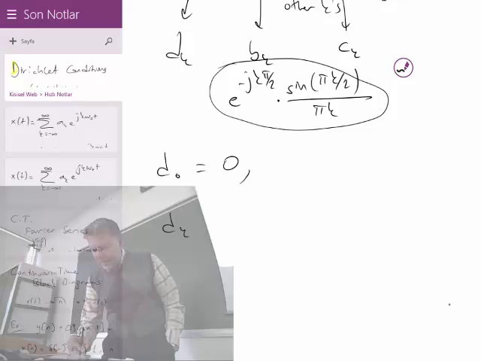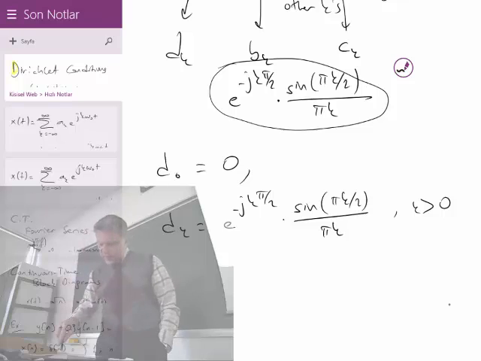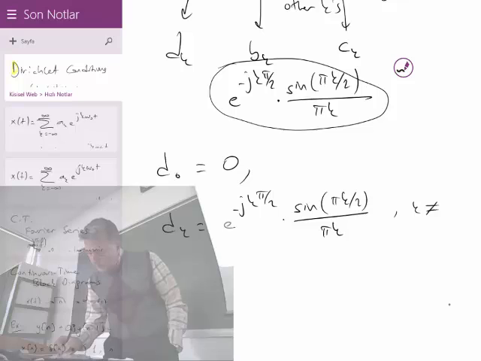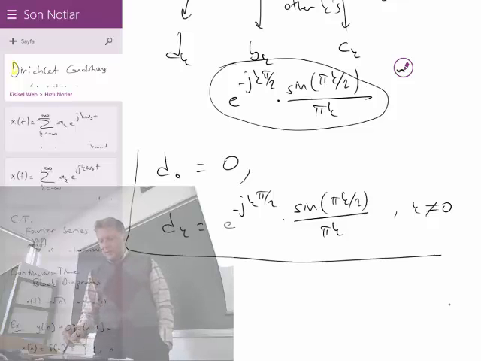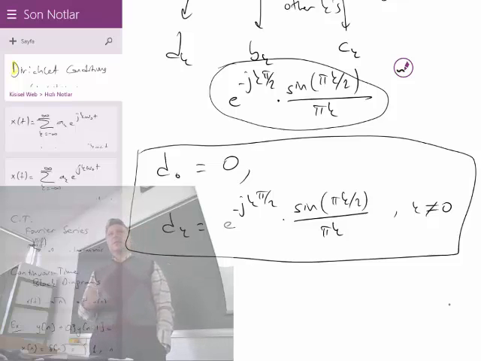And then d_k is equal to this thing, e to the minus jk pi over 2 times sine pi k over 2 divided by pi k, for k different than 0. And this is the answer that you have to give me when I ask you the Fourier series coefficients of g of t, the pulse.